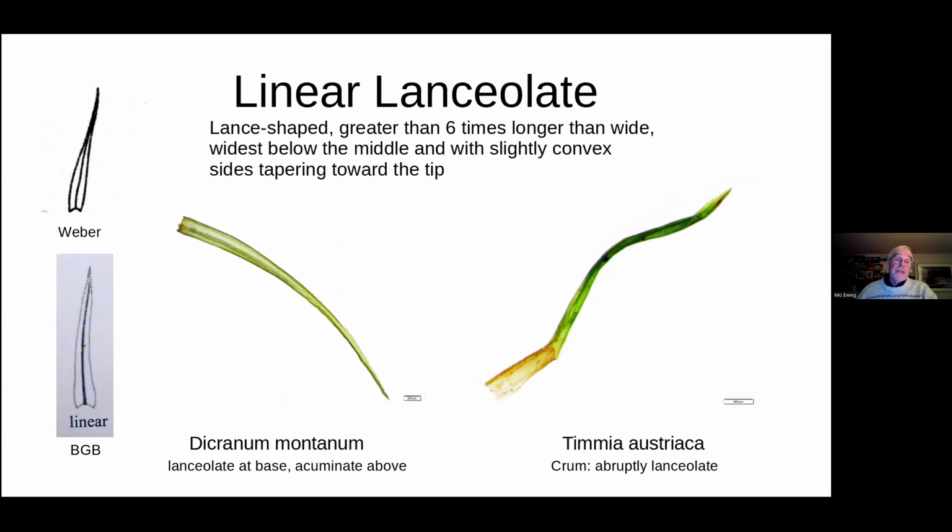One of the interesting things I found out in this process is that Kelly, in his book and his keys, in the descriptions of the mosses in his book, very often doesn't even tell you what the leaf shape is.